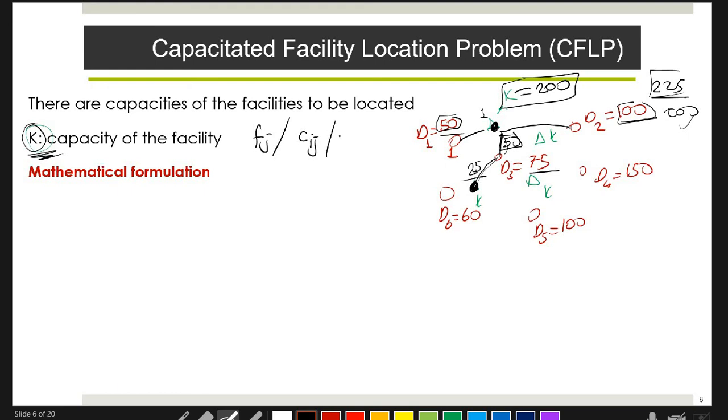And we have another parameter in this case, which is Di, which is the demand of customer I. Okay, so this Di is the total demand of customer I. Actually, in the previous one, this parameter is not given to us in the uncapacitated facility location problem, because we were assuming that the facilities are uncapacitated, and we formulated it in a way that we know the Cij value.